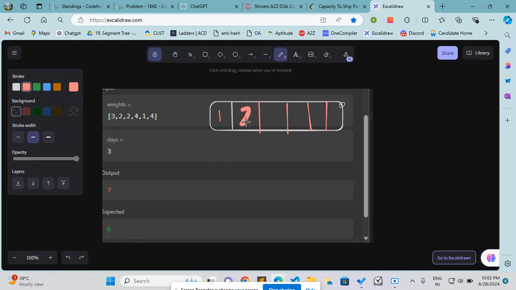If our maximum weight is 7, then we can supply this much in 1 day, this much in 1 day, and this in 1 day. That means we can supply in a total of 3 days.